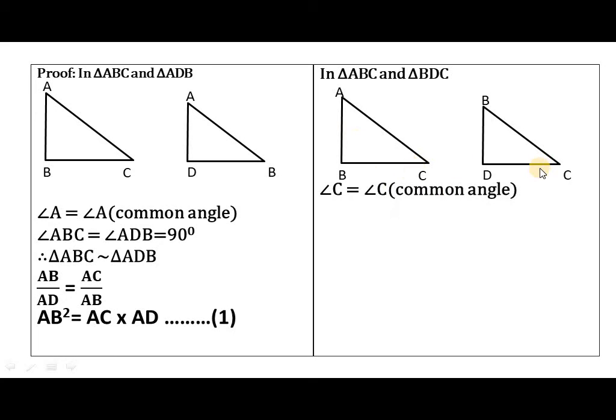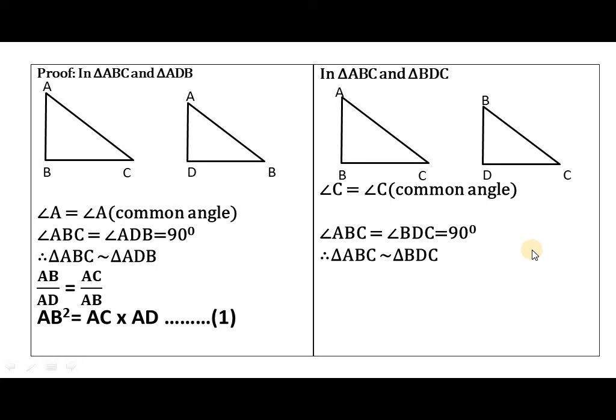Angle C is equal to angle C because it is the common angle, and angle ABC is equal to angle BDC. Angle B is 90 degrees and angle D is 90 degrees. Therefore angle ABC is equal to angle BDC, that is 90 degrees. Now the two triangles become similar, because two corresponding angles are equal and definitely the third angle becomes equal. Triangle ABC is similar to triangle BDC.